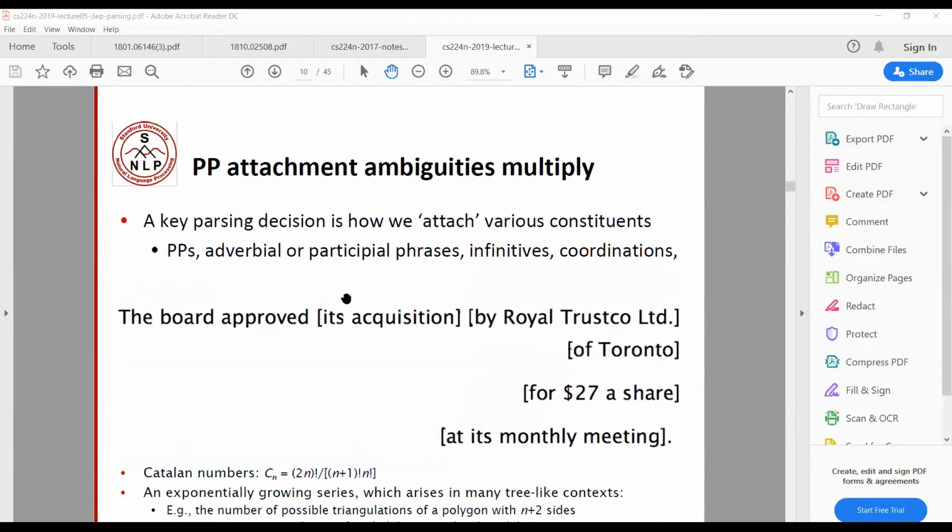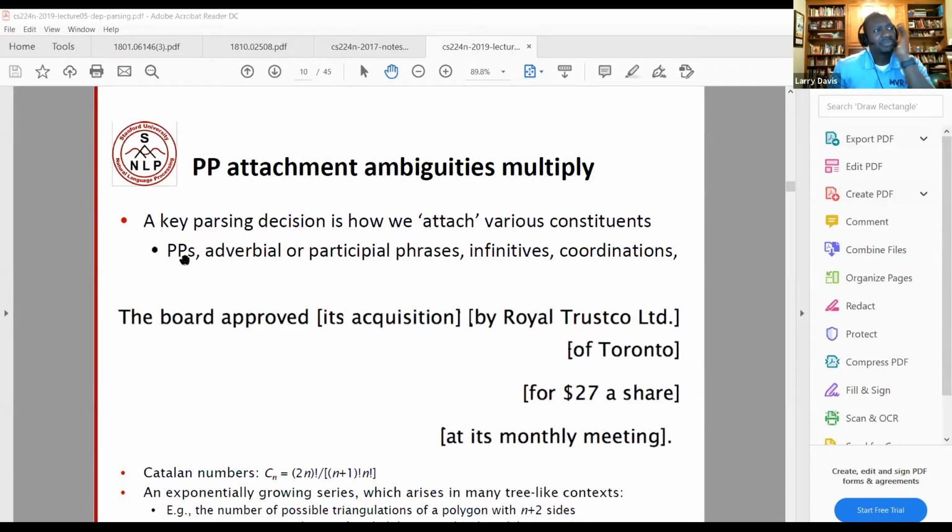I'll attach various constituents. I'm not sure what this PP means. Does anybody know what PP means in his vocabulary here? Adverbs, participial phrases, infinitives. I know what an infinitive is. It's a phrase that starts with to. So it's like a prepositional phrase.